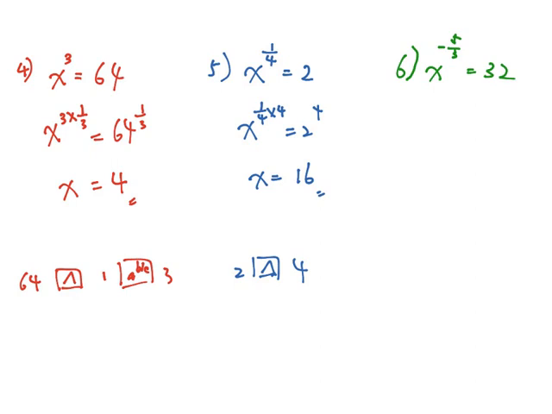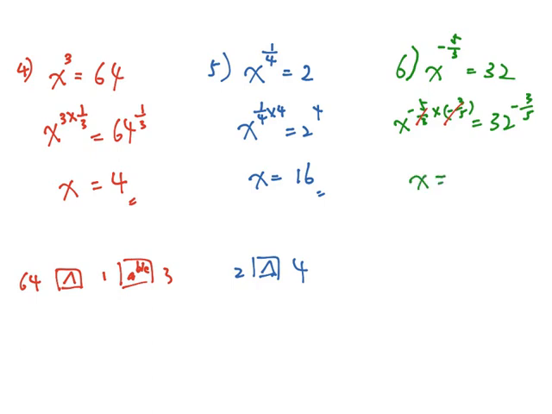For question 6, it is a negative index, so we need to times the negative reciprocal. That means 5 over 3 will change to 3 over 5. So at the same time, right hand side, negative 3 over 5. So all cancel.